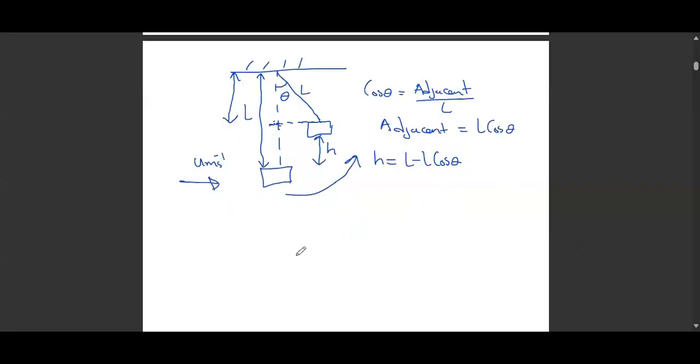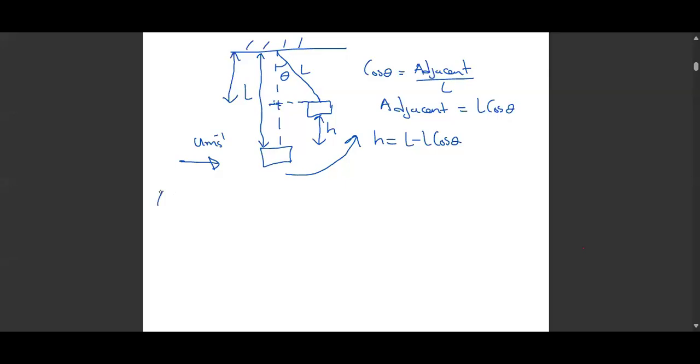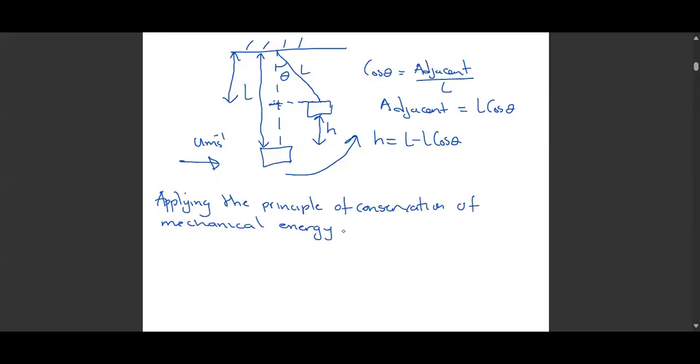Now, if we come and apply the principle of conservation of mechanical energy. Remember that as the system is moving upwards, it will be losing kinetic energy but gaining potential energy.